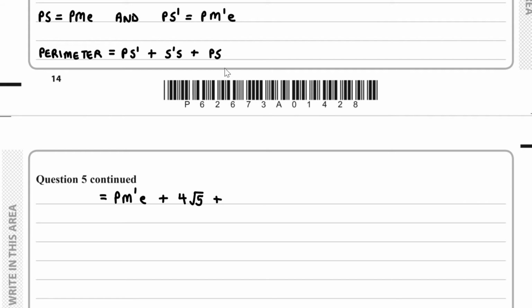And then we add on PS, which we said is PM multiplied by e. So we have 4 root 5 plus e lots of PM dash plus PM.